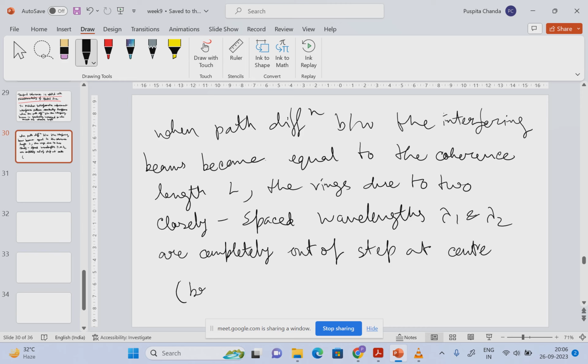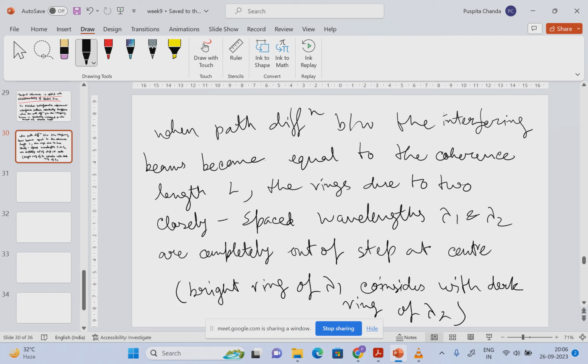Which means the bright ring of lambda 1 coincides with the dark ring of lambda 2.